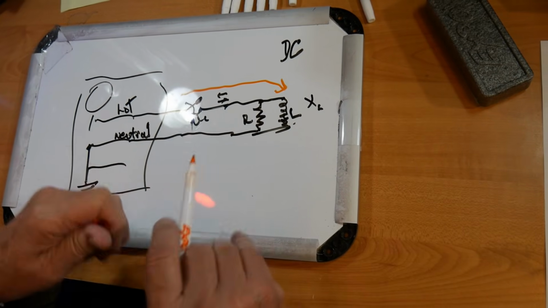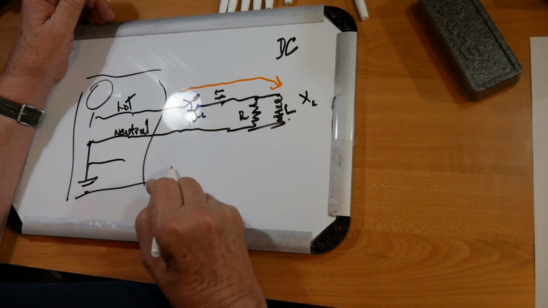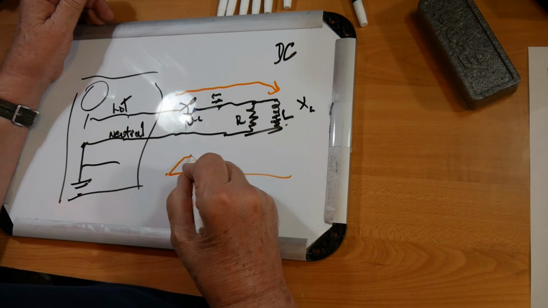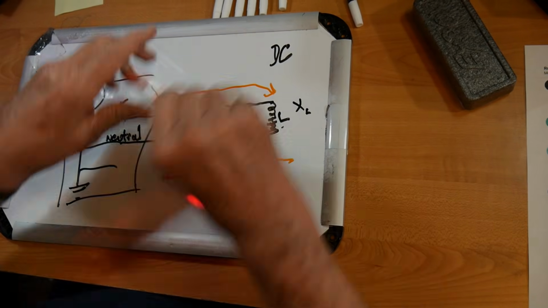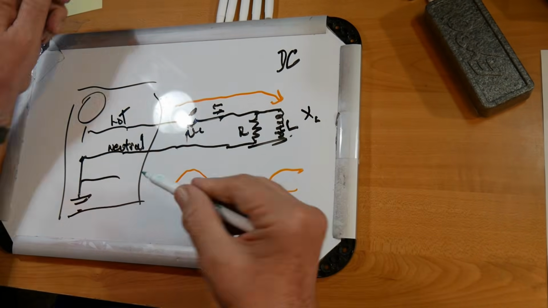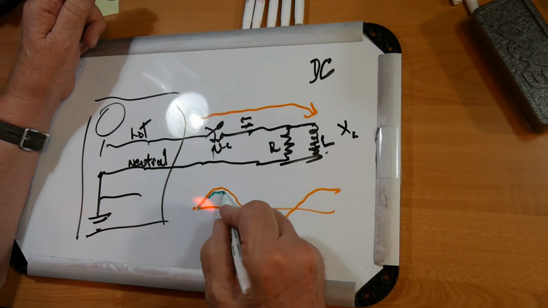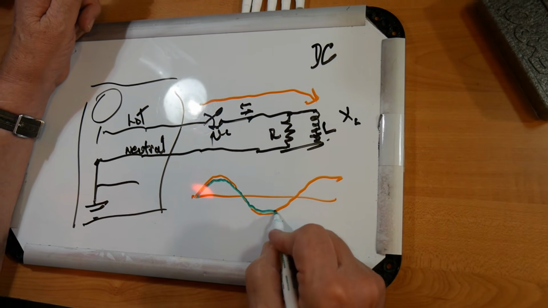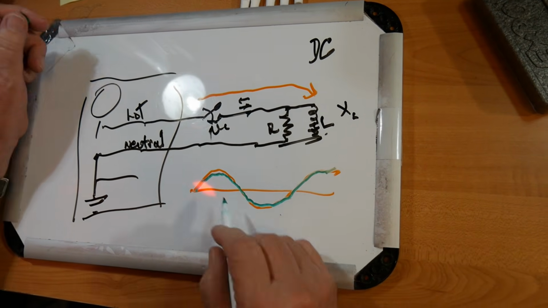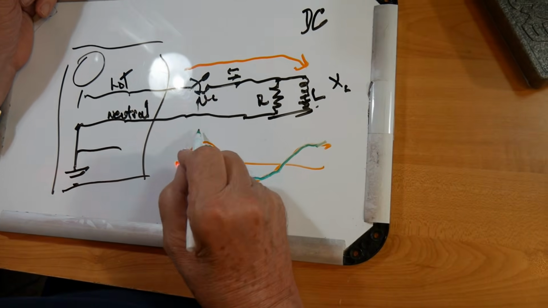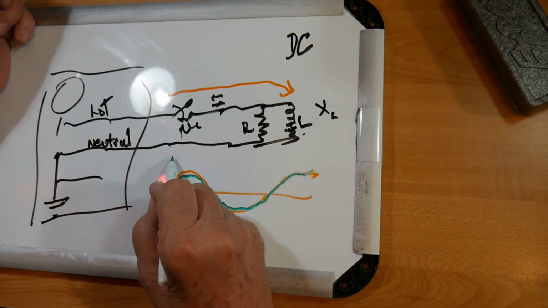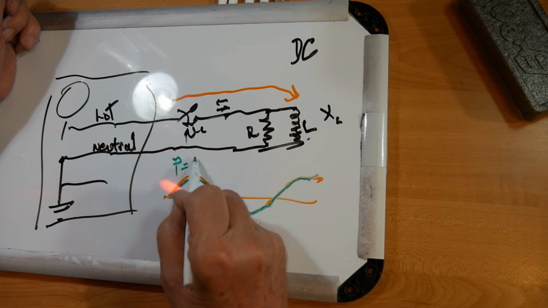Let's take a look at something. Let's assume that here's the voltage, and then the current is going to be right here also. Now, the power that's going in this direction is the current times the voltage. So the power equals EI.